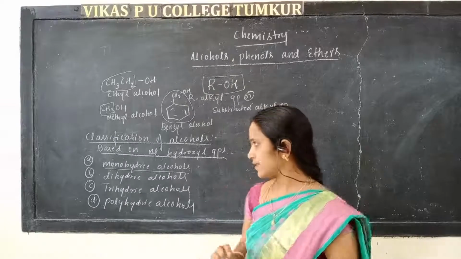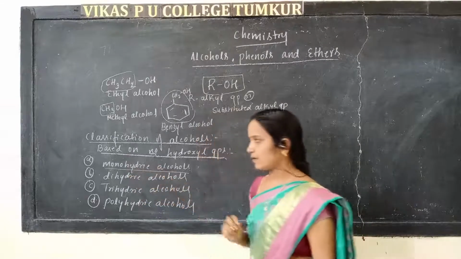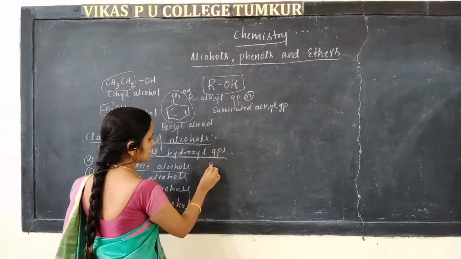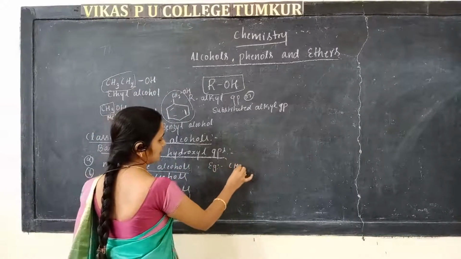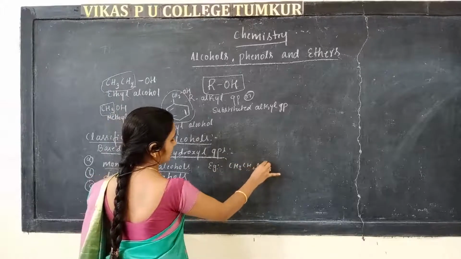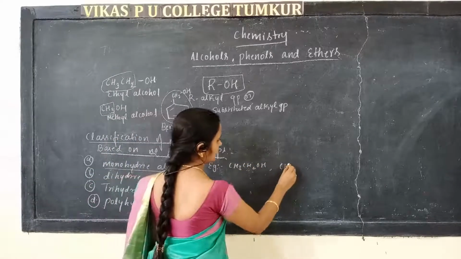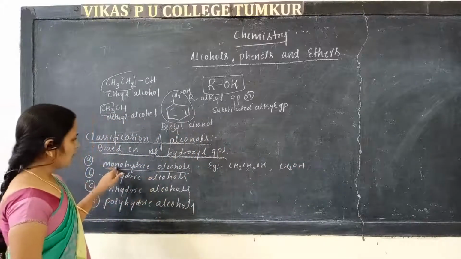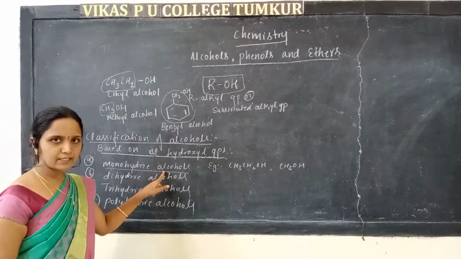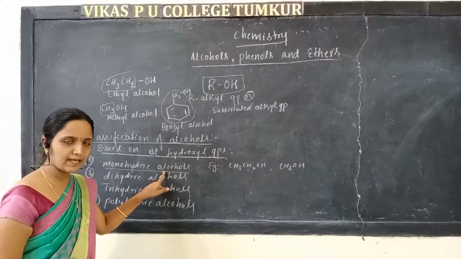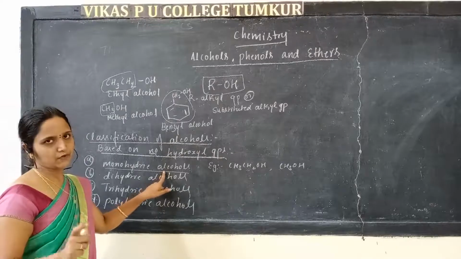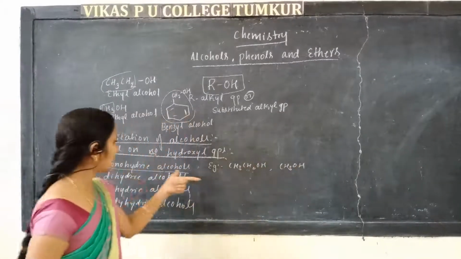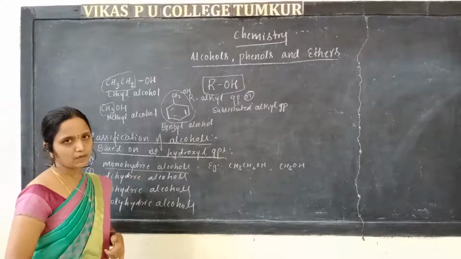Examples for this are ethyl alcohol, methyl alcohol, etc. An alcohol which contains only one hydroxyl group is called a monohydric alcohol.